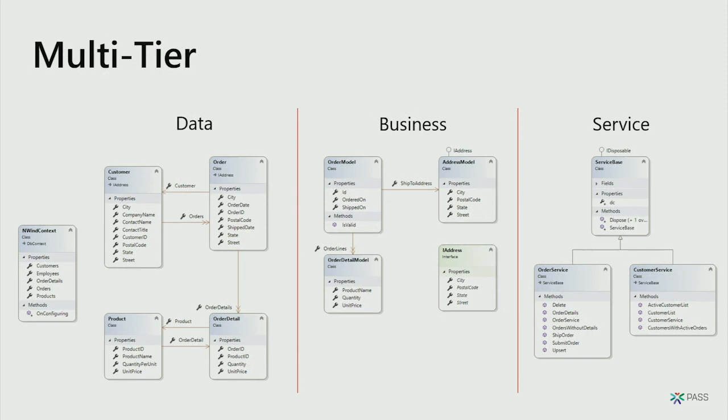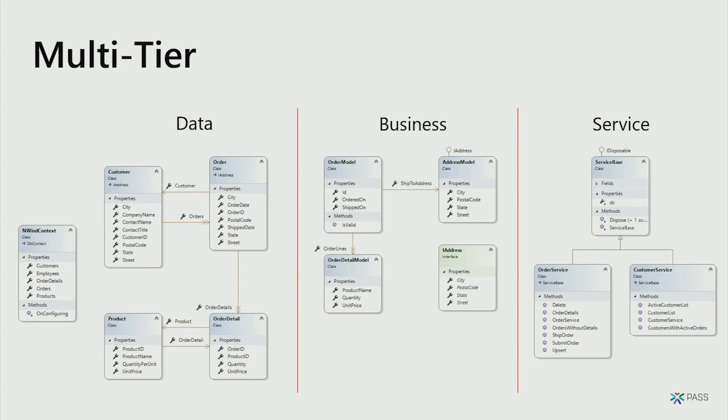I use a multi-tier approach where I have my databases, my data structures, I have my business models, which have the behavior in them, and then I have services, which translate between the data structure and the business structure. Then the UI talks to the service, and it gets the business objects, but the UI should never know about the data structures, right?